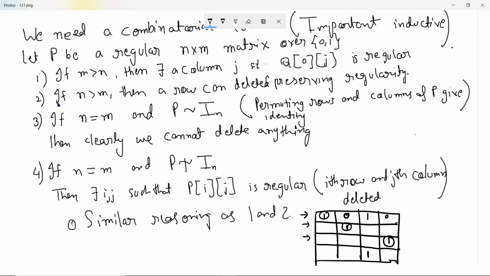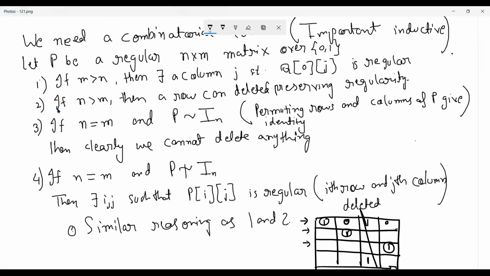Now, how about if I remove, yeah, that's the problem. If I remove this column, then let's see if our matrix is still regular. And the answer is yes, right? Oh, hold on, no, I've made a mistake.